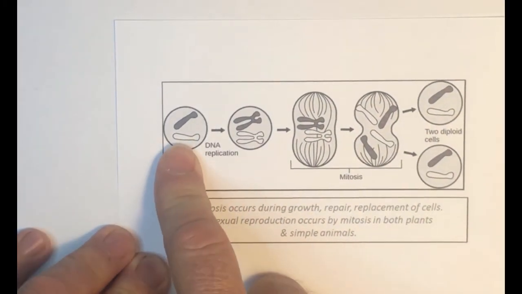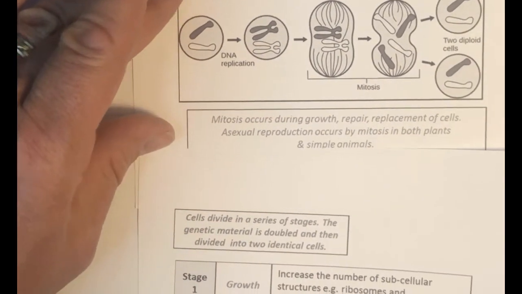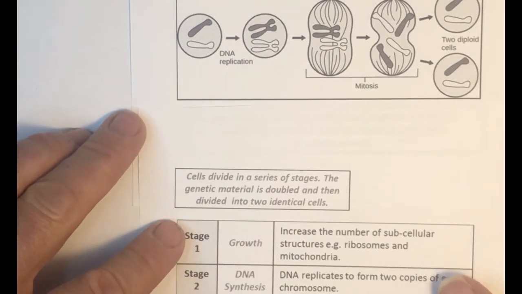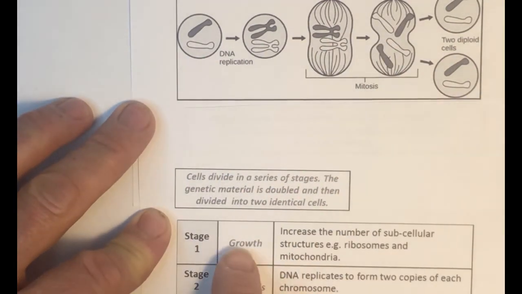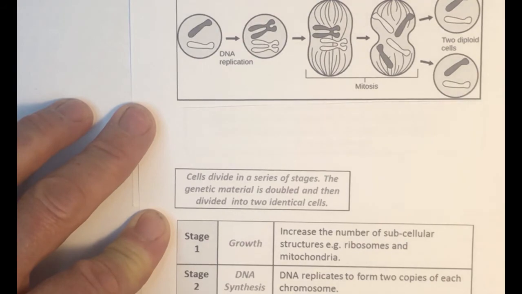Mitosis starts off with one individual cell. That one individual cell grows and DNA synthesis happens, which is the replication.